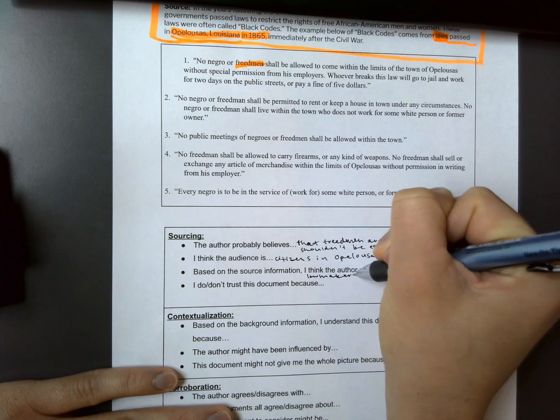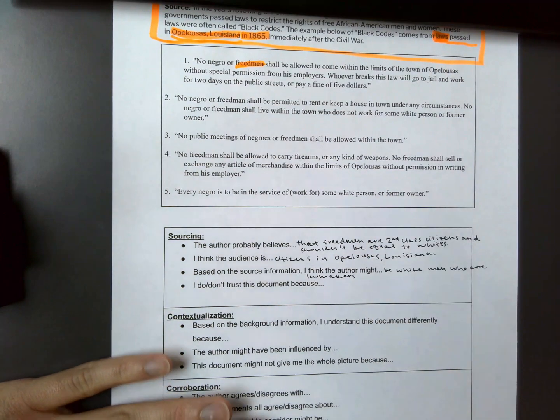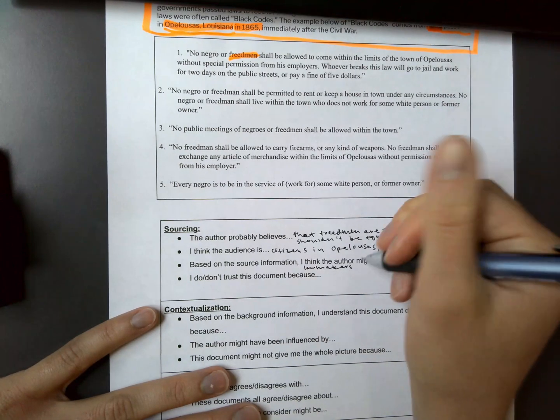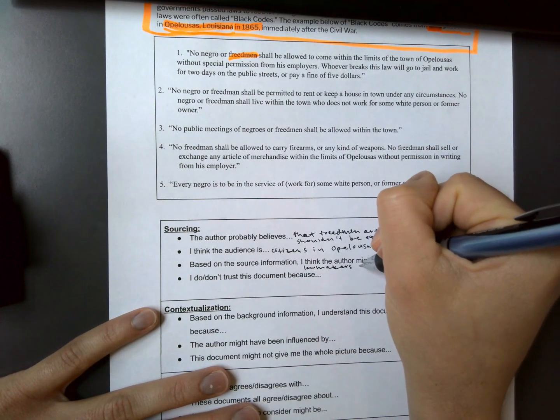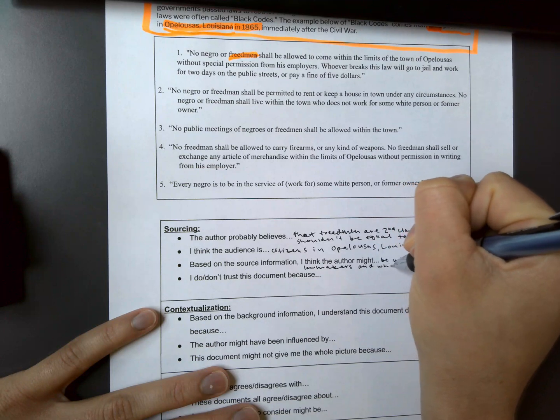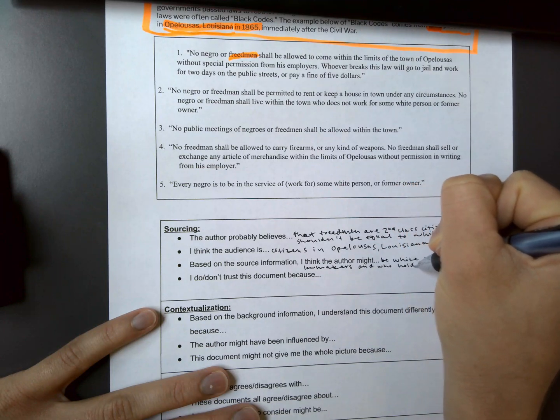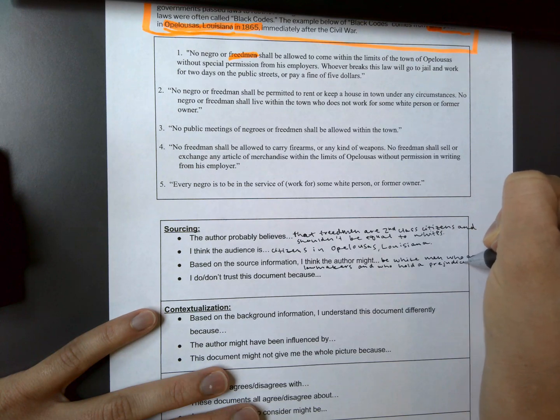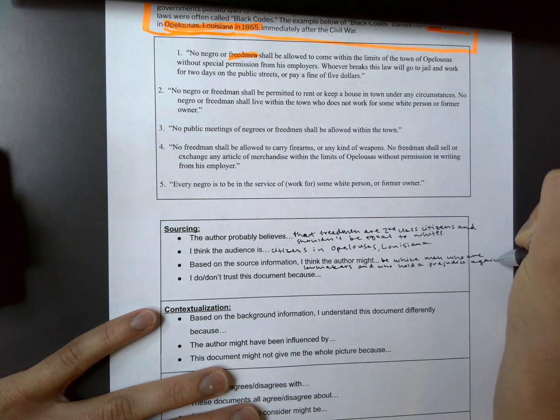So I'm going to say my assumption. Based on the source information, I think the author might be white men who are lawmakers, and who hold a prejudice against blacks.